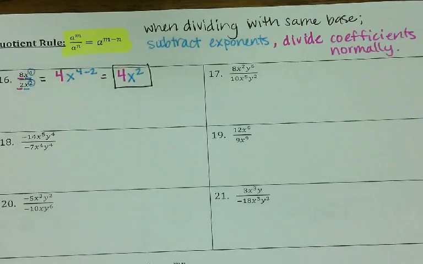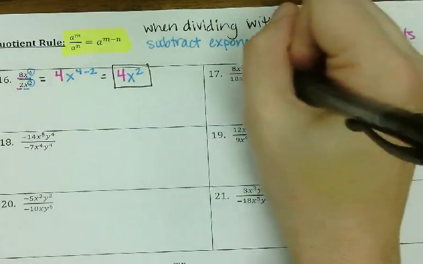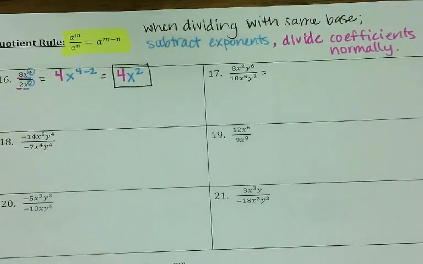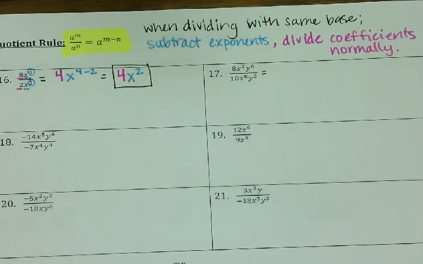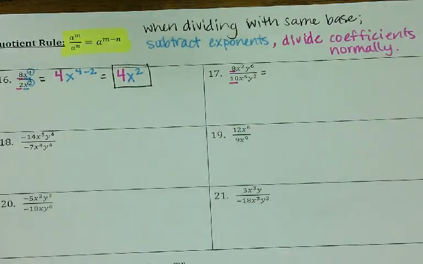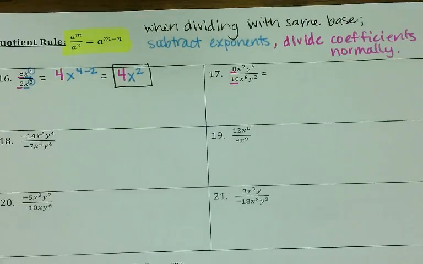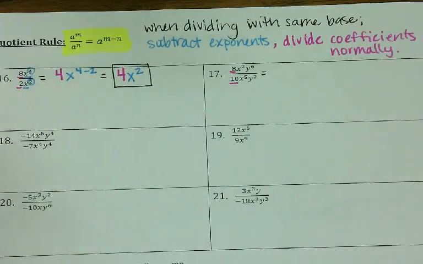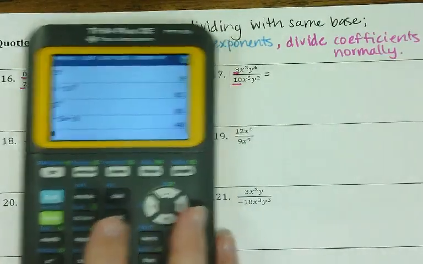Mm-hmm. Awesome. All right, now let's take a look at this guy right here. All right, so when we have one like this, we are going to divide our coefficients normally. So 8 divided by 10, how can we simplify those, guys? That's what? 8 divided by 10, y'all? I think it's 4/5, right?